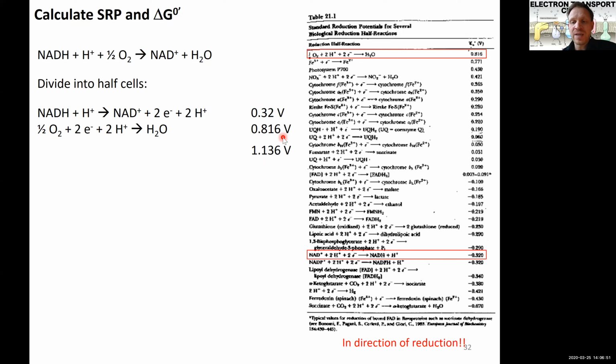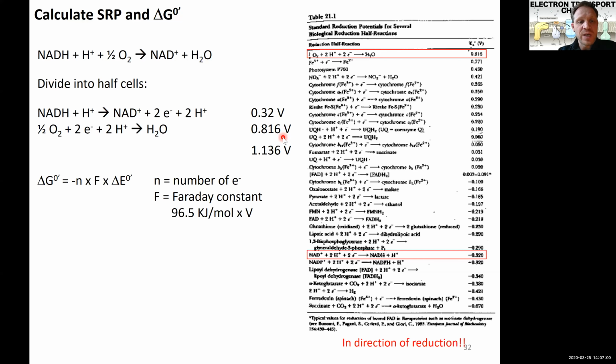So we want to correlate this with our Gibbs free energy. And there's another formula that we can use that I will give you. You do not have to remember this, but we can correlate our delta G0 prime with our delta E0 prime in this formula here, where we're using minus n, which is simply the number of electrons that have been transported in this reaction. In our case, that would be 2 here, and our Faraday constant.